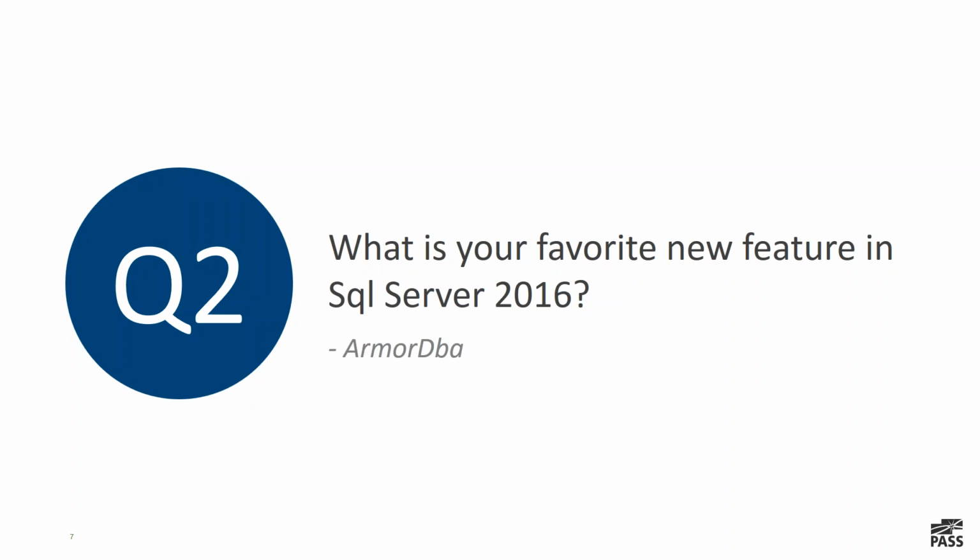And let me add one more point to what Yos was pointing out. So starting with 2016, we have this cloud-first model. What it means is that all the features that are part of 2016 are already running in production in our SQLDB Azure database in the cloud. So which means that you have the features in 2016 that have been vetted by multiple production workloads, and in some cases we found issues which we fix in the product.